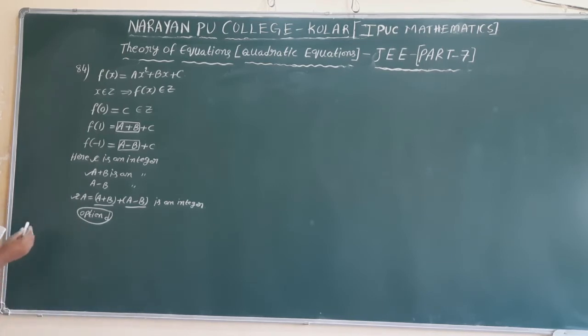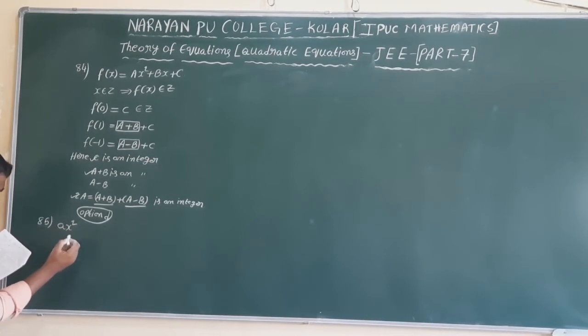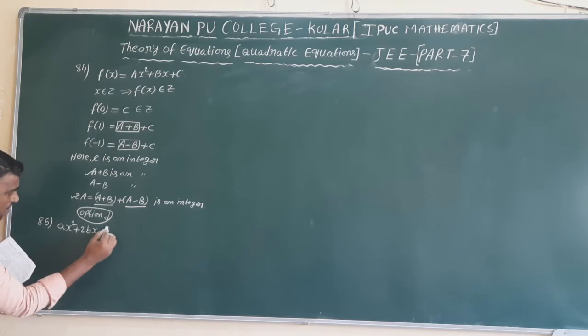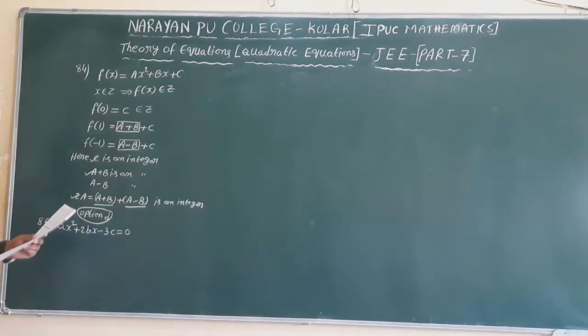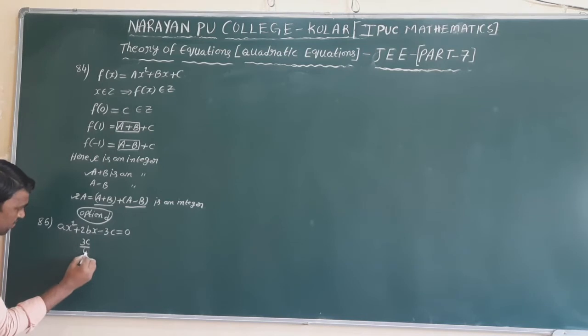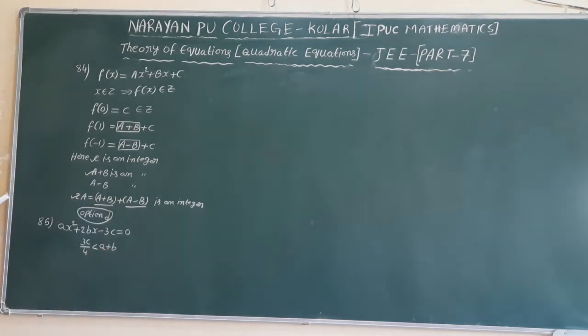Next, question 85. If the equation ax square plus 2bx minus 3c equal to 0 has non-real roots and 3c by 4 is less than a plus b, then c satisfies which inequality?